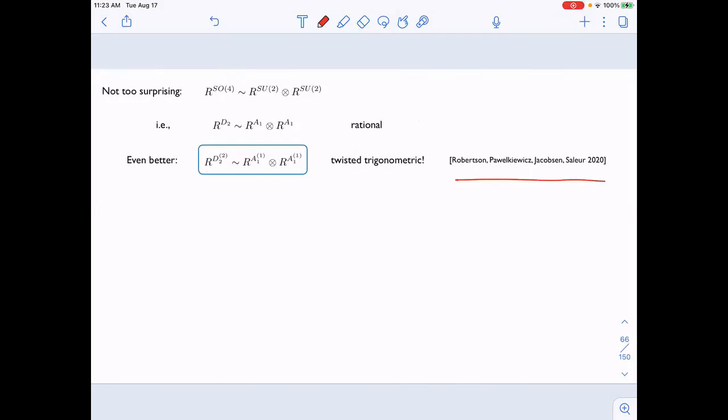So let me try to make this relation a little bit more precise. To understand the precise relation here, let's step back and go back to basics.